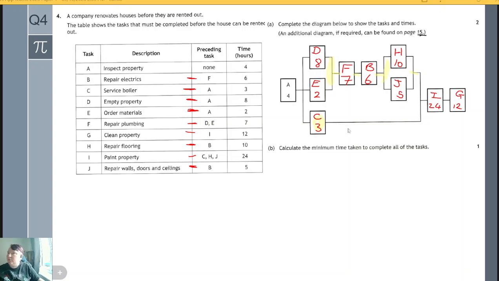We have got 4 plus 8 plus 7 plus 6 plus 10 plus 24 plus 12. So 24, 34, 46, 50, 58, 65, 71 hours.